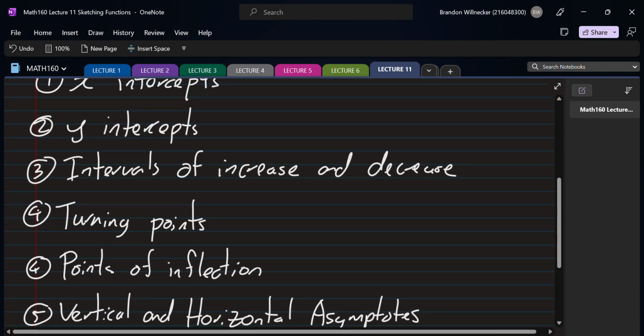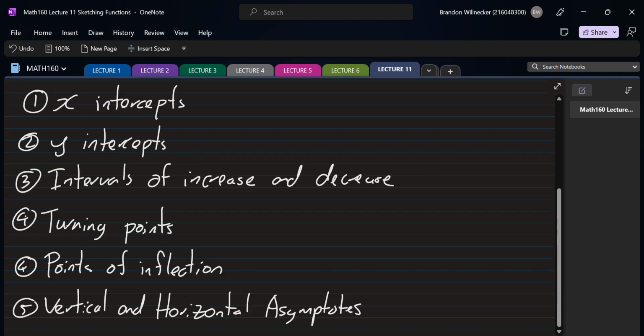Okay, so with this list, we can get an idea of what this function should look like. Once we plot all these things, we just connect the dots, and then we get an idea of what it looks like. It won't be very accurate, but we get a rough idea of where the function reaches a maximum, where it's decreasing, and so on.